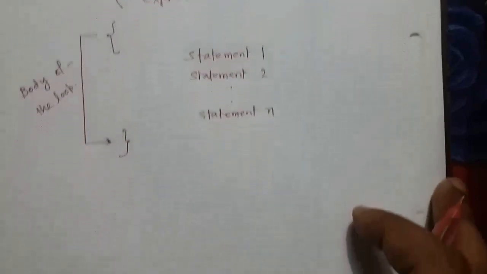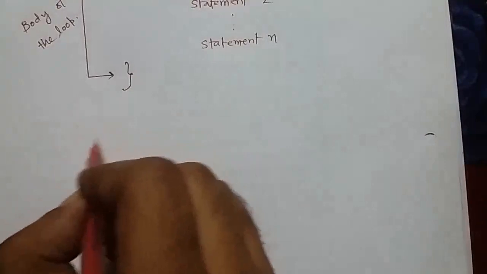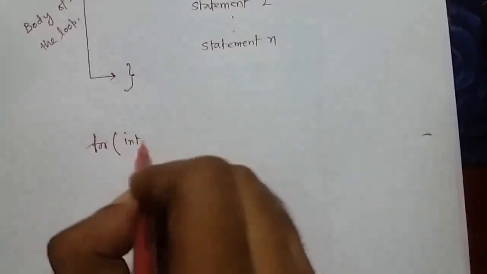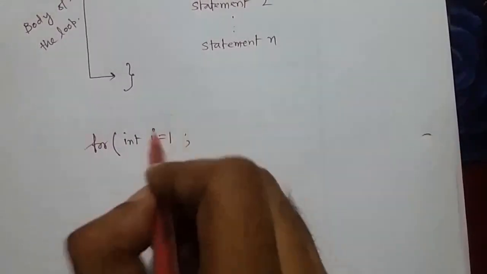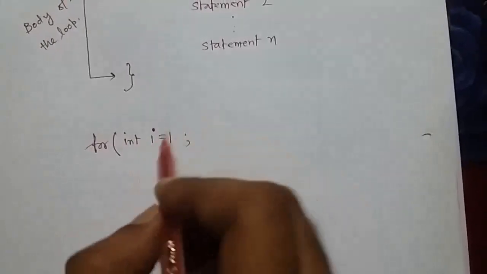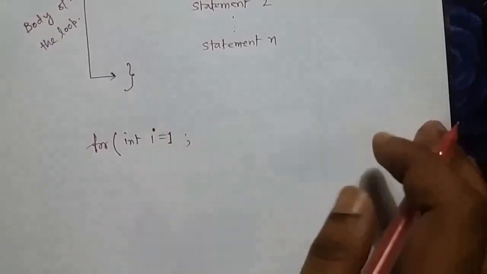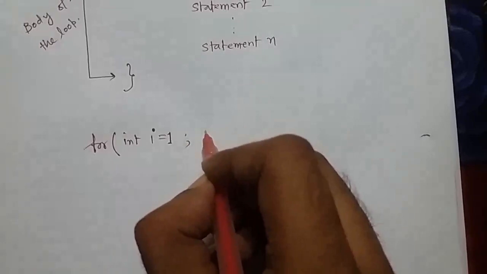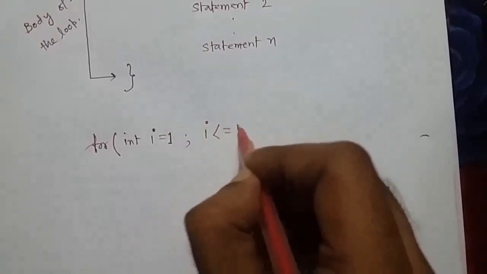Now consider an example. For int i equals 1. So this is the initialization expression. Here the loop control variable or the counter variable is i, and the initial value is 1, which is given to i. Now the test expression. So I am writing here i less than equals 5.